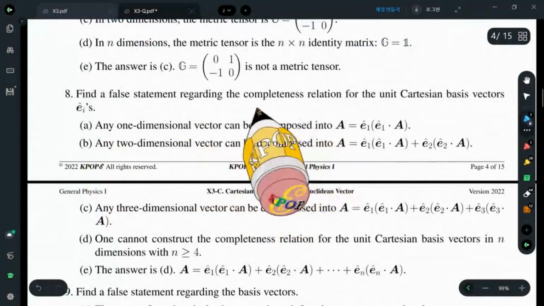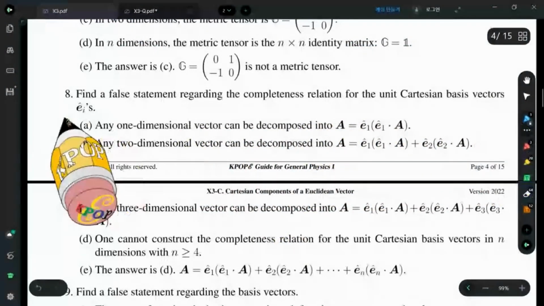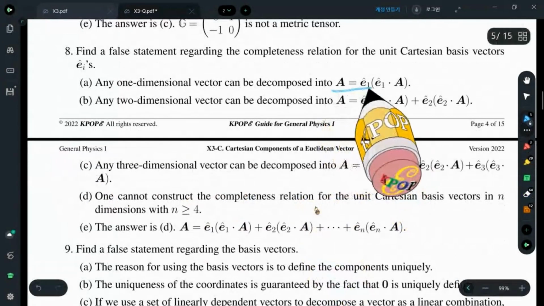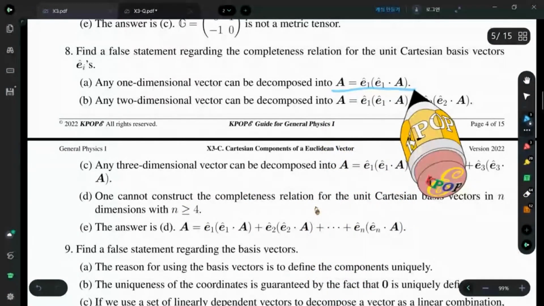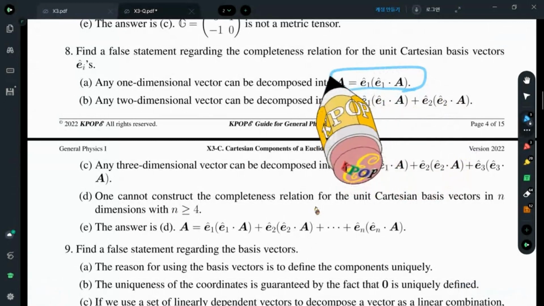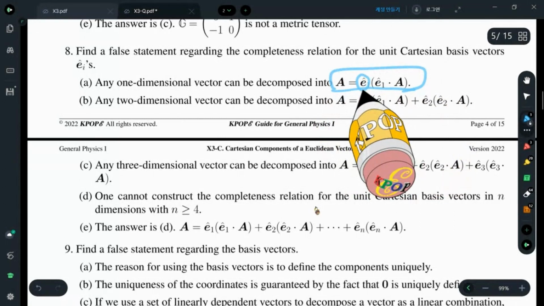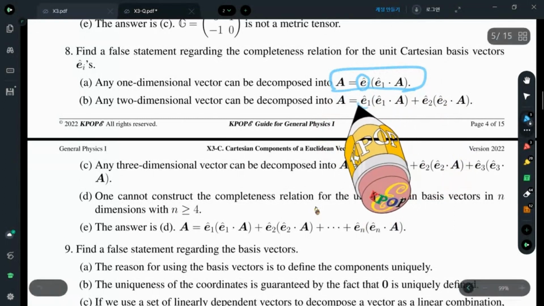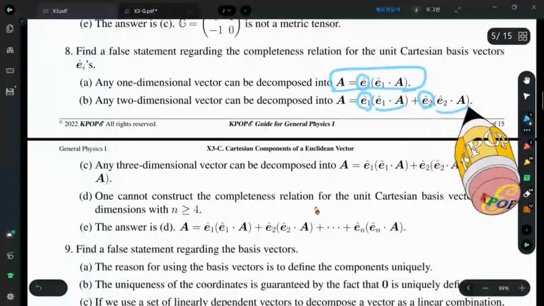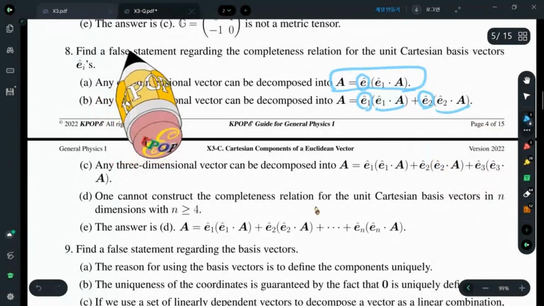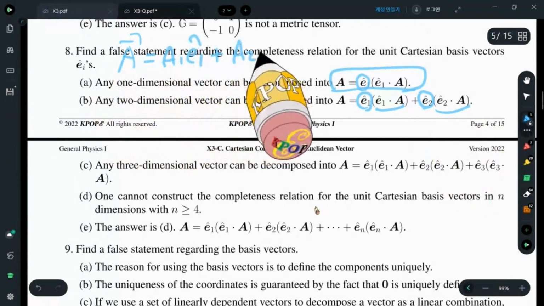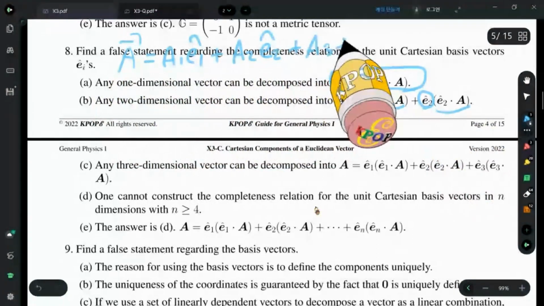Find the false statement regarding the completeness relation for the unit Cartesian basis vectors. Completeness relation. This one is a one-dimensional case. Is identity, right? A must be expressed in terms of a single basis vector. In 2 dimensions, I need 2 basis vectors, and each Cartesian component, you see, A is A1 E1, A2 E2, A3 E3.